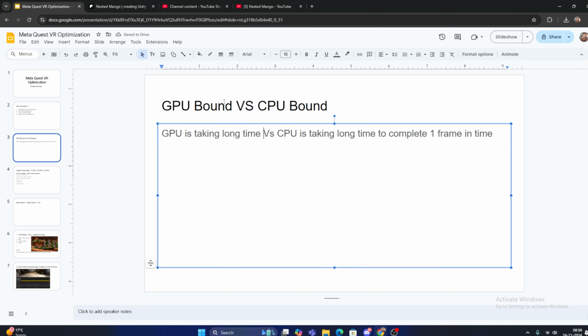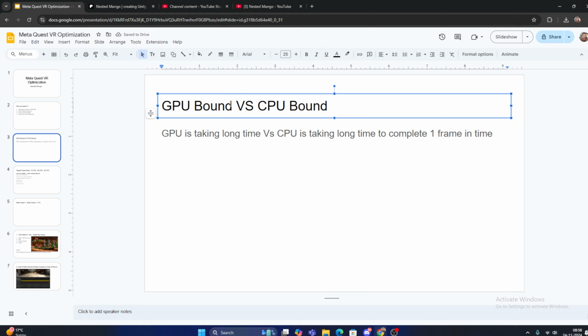Whenever you are working with VR devices, most probably it becomes GPU bound, because people try to achieve much more visual quality. Due to this, they use lots of textures, lots of things that create problems for the GPU.